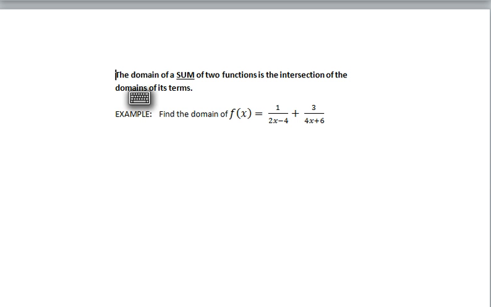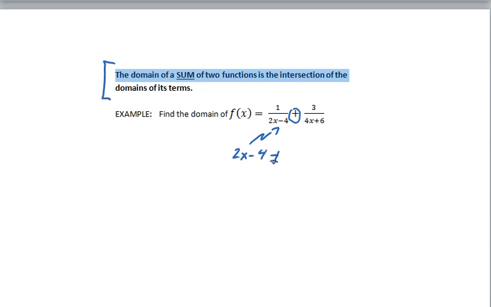And our last example, based on the fact that the domain of the sum of two functions is the intersection of the domains of its terms. Notice here we have the sum of two reciprocal functions, and so here we know that 2x minus 4 cannot equal 0, so x cannot equal 2.